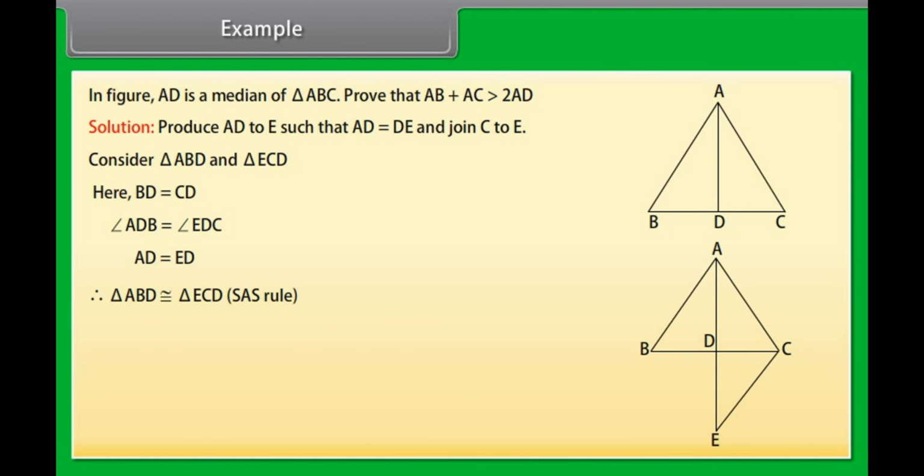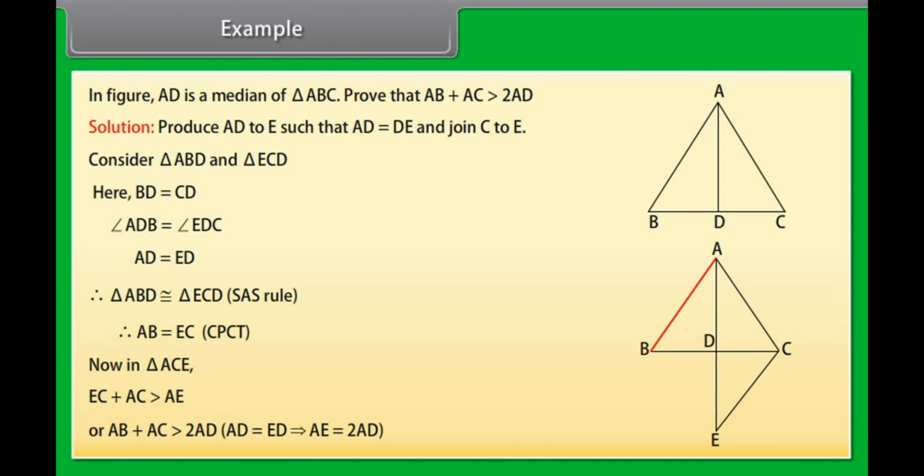Therefore, by SAS congruence rule, triangle ABD is congruent to triangle ECD. Therefore, AB is equal to EC, by CPCT. Now, in triangle ACE, EC plus AC is greater than AE, or AB plus AC is greater than 2AD, because AD is equal to ED, which implies that AE is equal to 2AD.